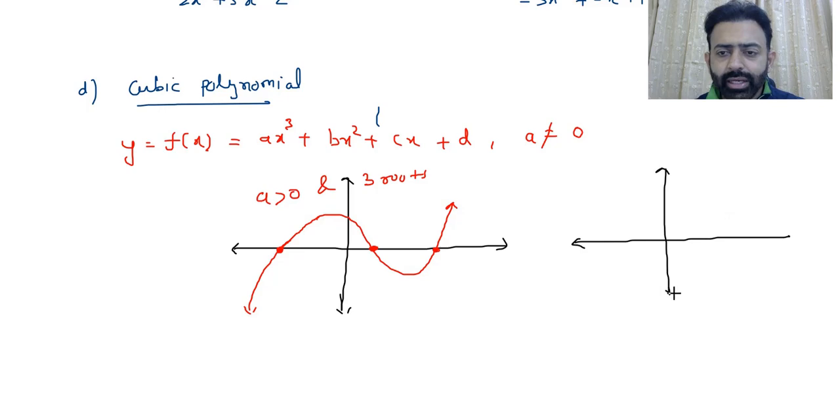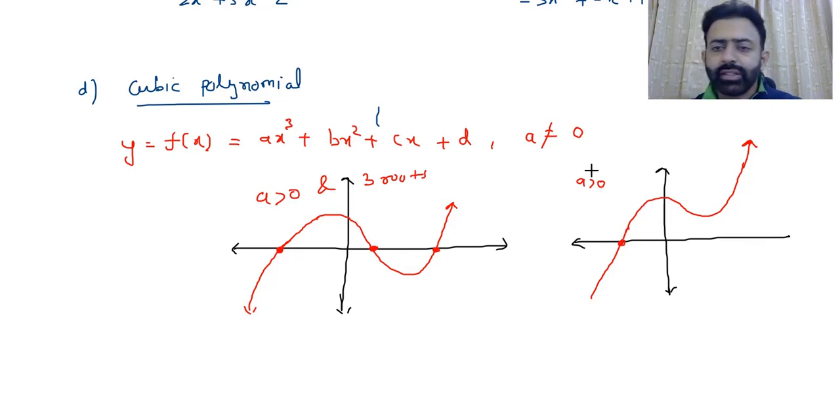Same, we are saying that a is greater than 0. It is intersecting once here, but it is not coming back downwards and crossing the x-axis again. So it is going like this. In this case, a is greater than 0, but it has only one root.